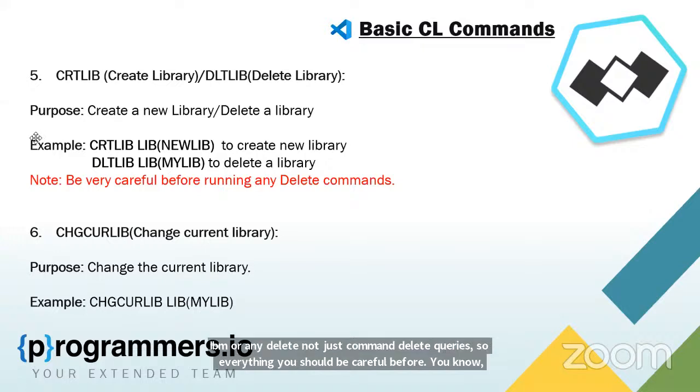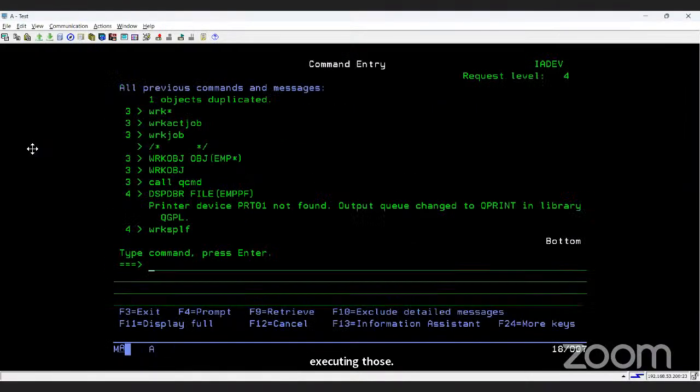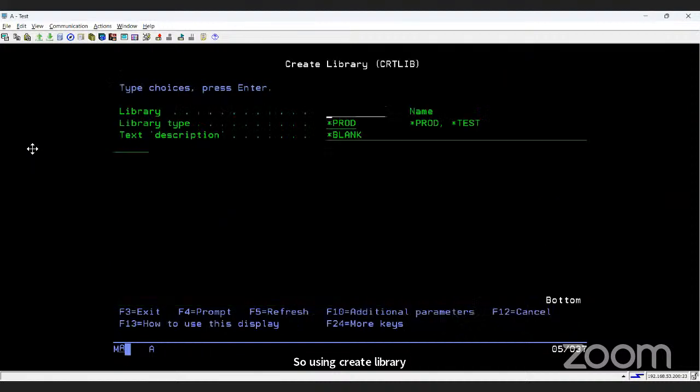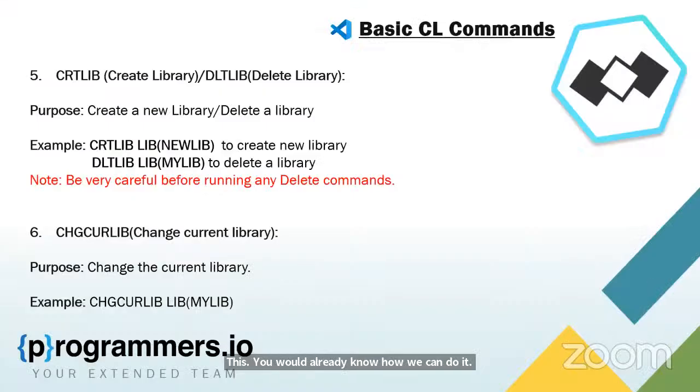So using create library, you can create libraries. You would already know how we can do it. And delete library, and then change current library. You can use change current library to change the current library, where it will point your programs or whatever command you are running.